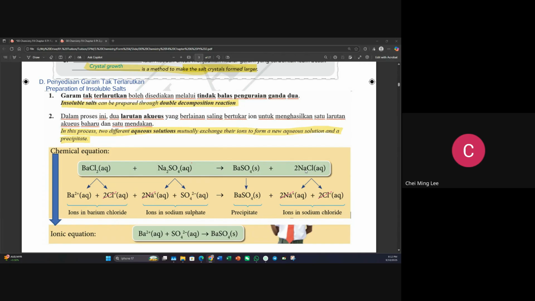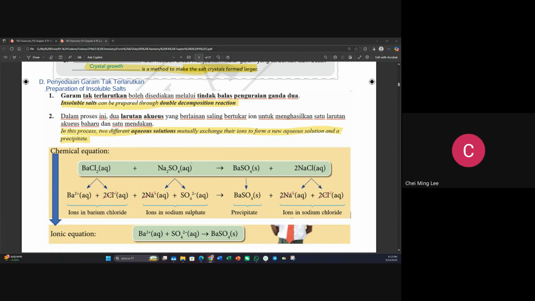You understand? It's like just now I showed you AB plus CD becomes AD plus CB. You don't need the bottom one in your textbook.